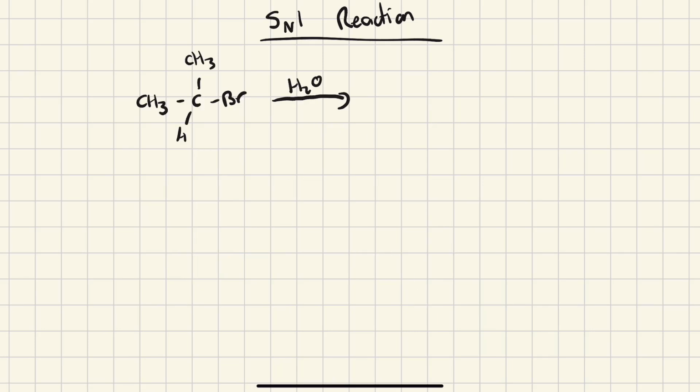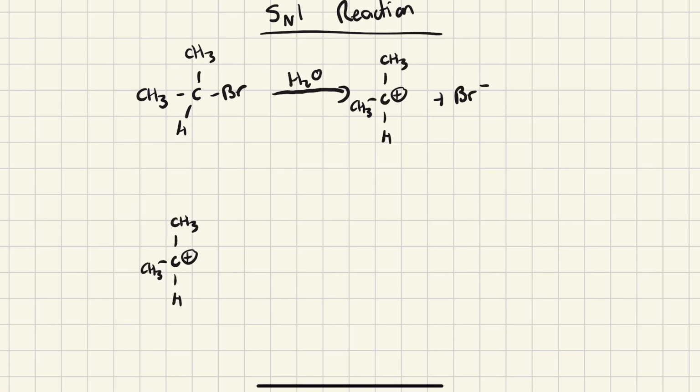Let's look at this reaction. It's essentially the same thing, except one of the methyls was replaced with a hydrogen. We know this is still going to undergo SN1 because we're going to undergo solvolysis. And we know that because we don't see a nucleophile anywhere, so we know our solvent, the water, is our nucleophile. And a secondary carbocation is less stable than tertiary, but it's still stable. Our product in the first step is just going to be the removal of our halogen.